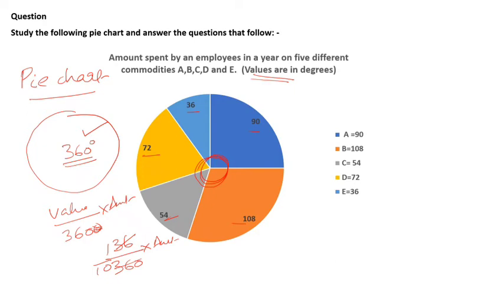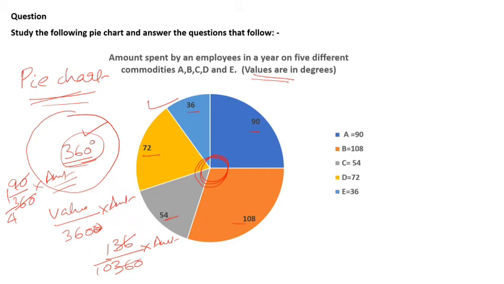Suppose you have 90 here. I can take 90 as 90 divided by 360 into amount, whatever amount is given in the question. So 90 divided by 360, I can make it 1 by 4, one-fourth of the amount given. This concept is very important before going to the pie chart. Every pie chart will be given like this, and understand that the total degree measurement will always be 360 degrees.